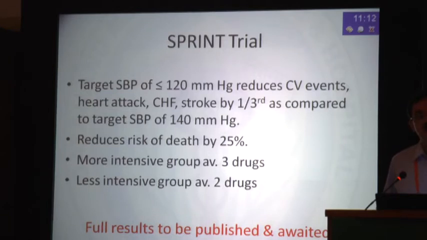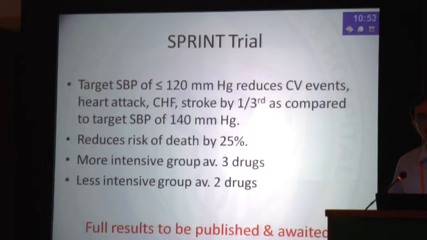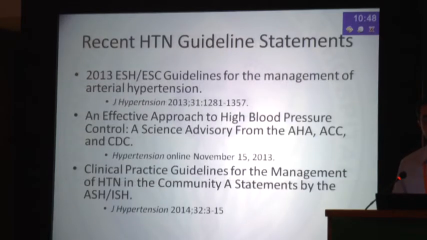The more intensive group, on average, was receiving 3 drugs, whereas the less intensive group was using an average of 2 drugs. The final results of this study are yet to be published, so we might have some more data. But on the whole, what we find in this trial is that a systolic blood pressure of 120 compared to 140 is likely to have much better outcomes.